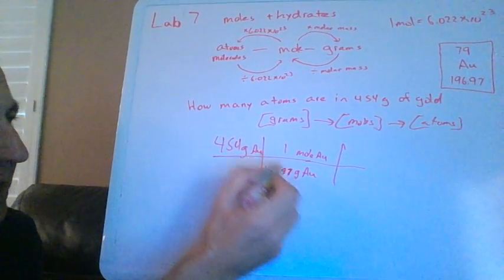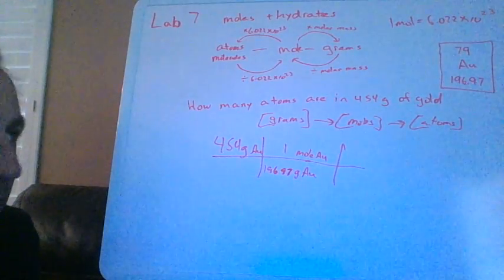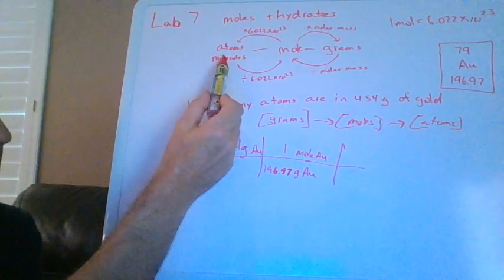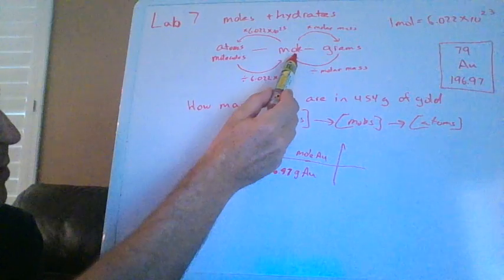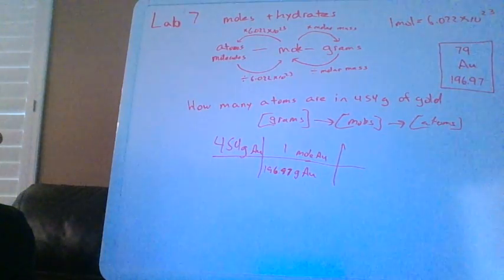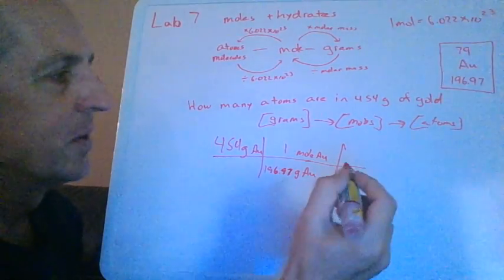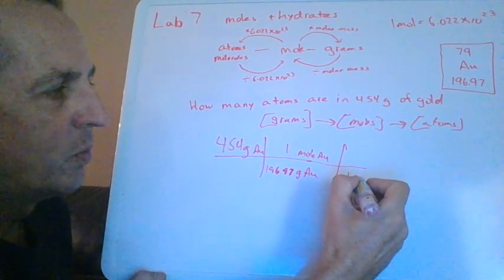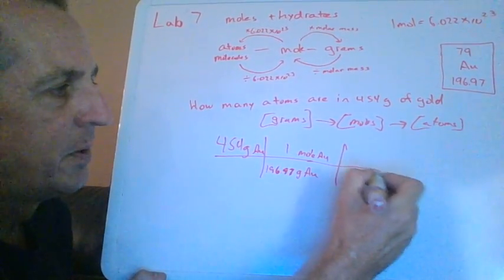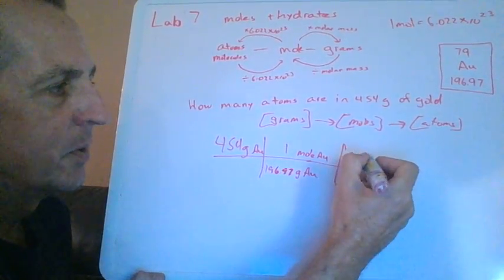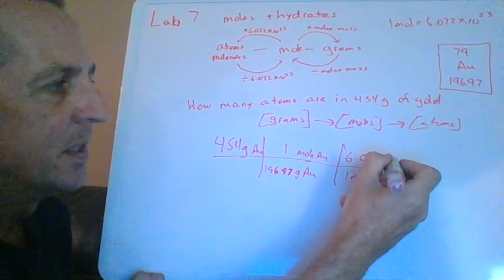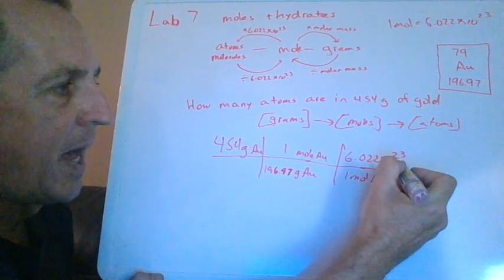Now if we look, we're canceling out grams, we're at moles of gold, but we need to go all the way across our mole map to get to atoms. So to go from moles to atoms, we're going to multiply by 6.022 times 10 to the 23rd. So we know that 1 mole of gold contains 6.022 times 10 to the 23rd atoms of gold.